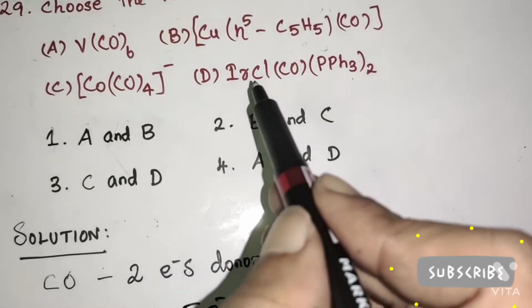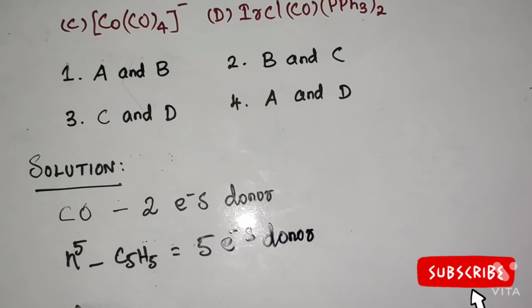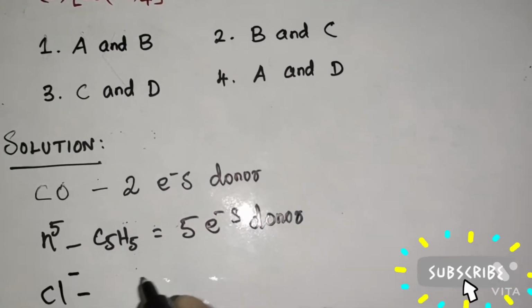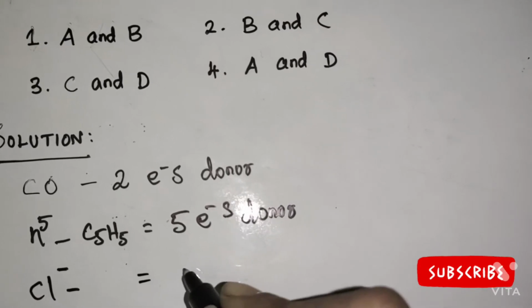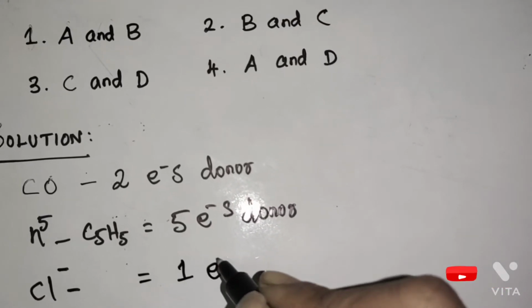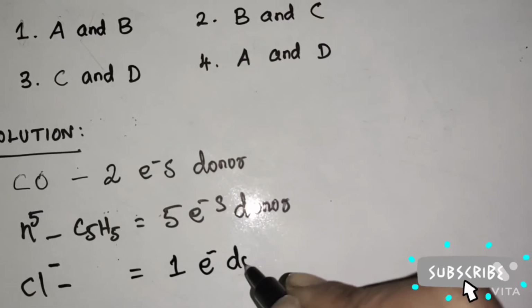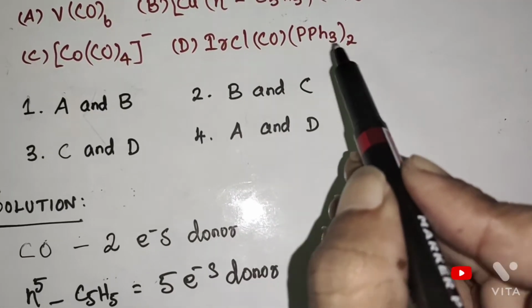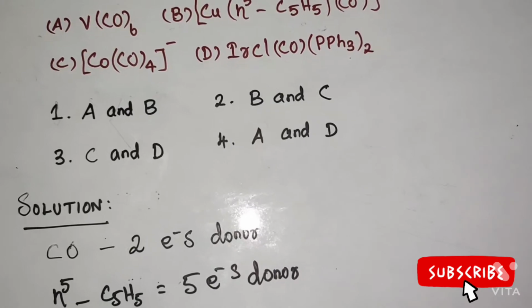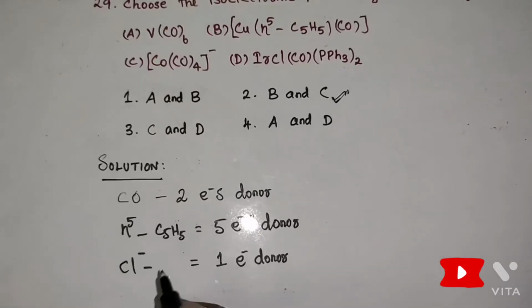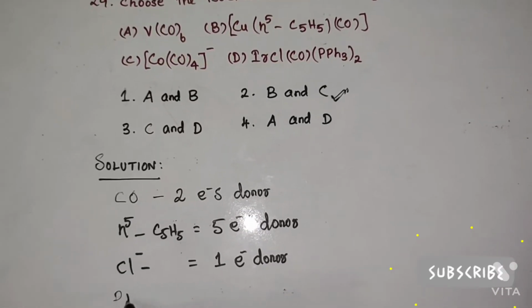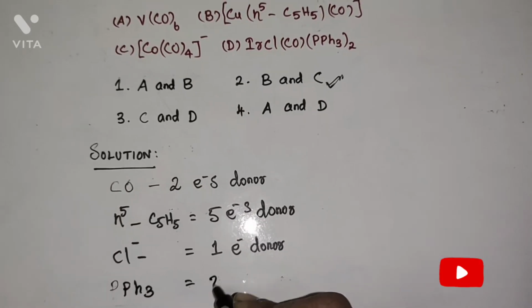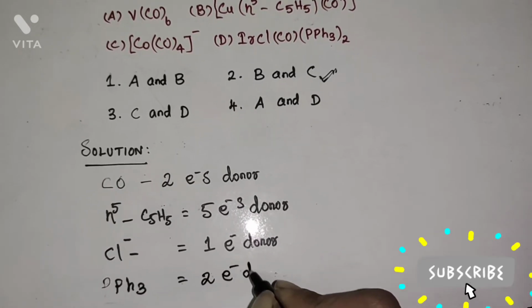Next, the chloride ligand, Cl minus, is a 1 electron donor. Next, triphenyl phosphine, PPh3, is a 2 electron donor.